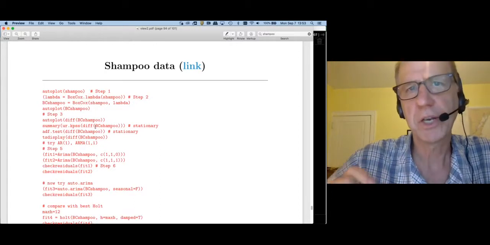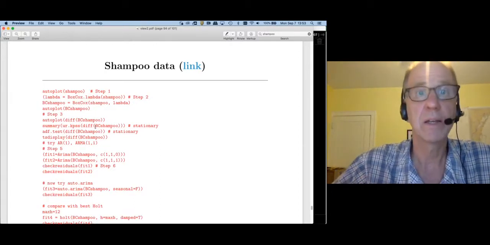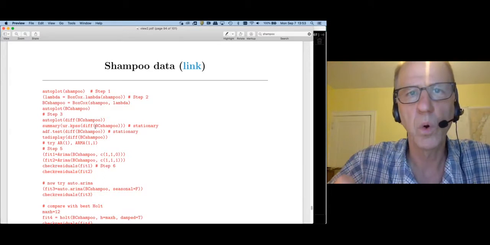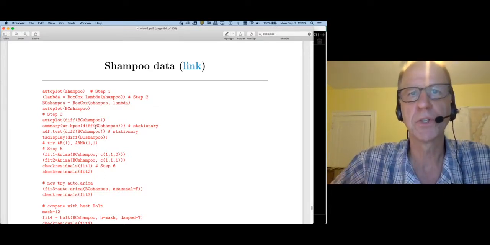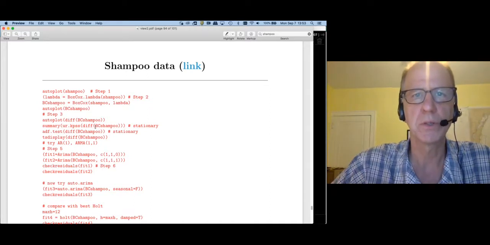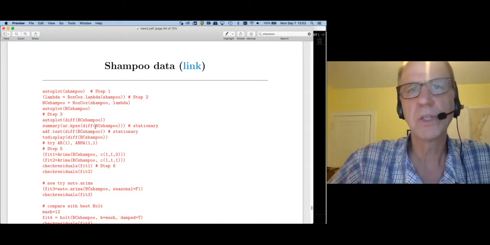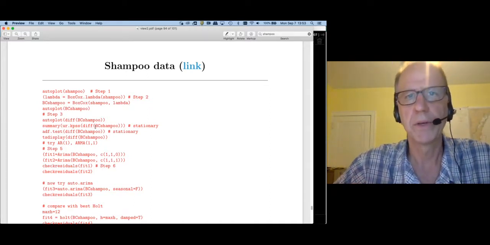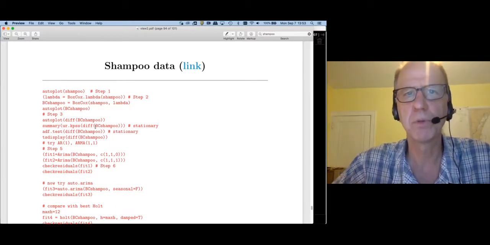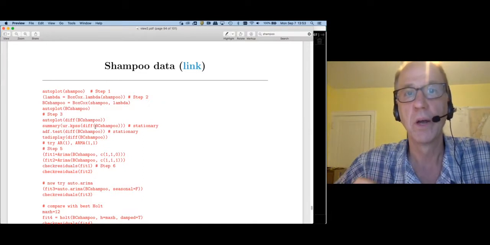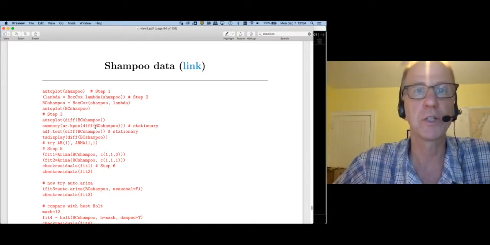Let's go back to the Shampoo data set that we analyzed when we covered the Holt exponential smoothing method. We are given the sales for some shampoo brand over 3 years. The reason I used this data set with the Holt method is because there is not strong seasonality. So shampoo is just a category where we don't see a lot of variation across seasons.